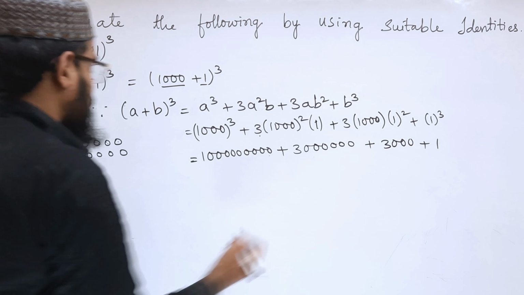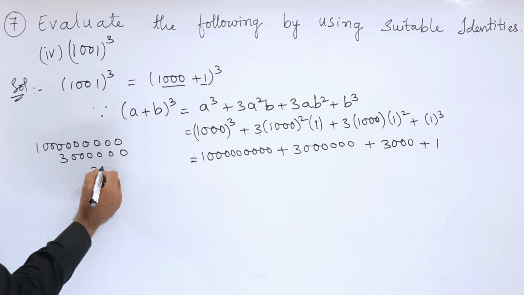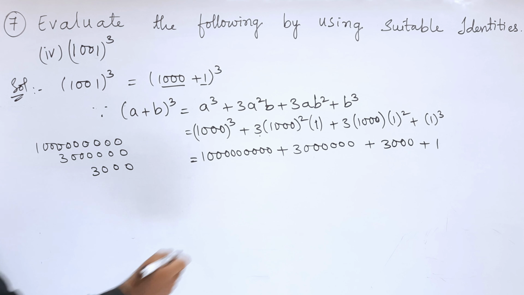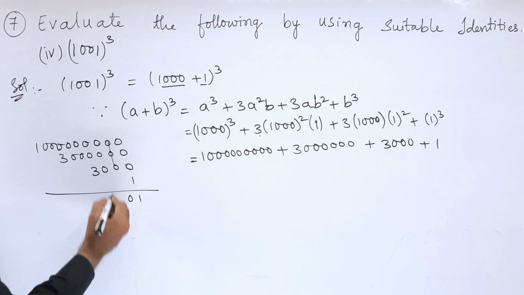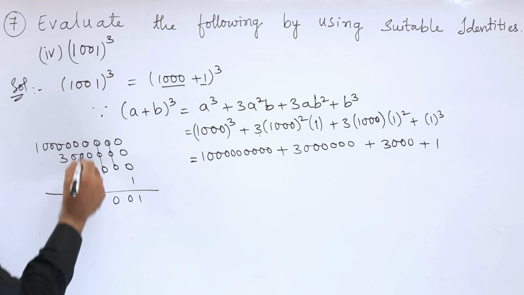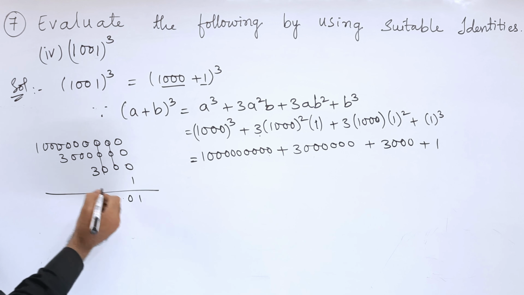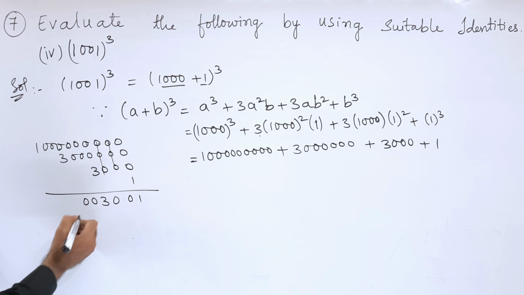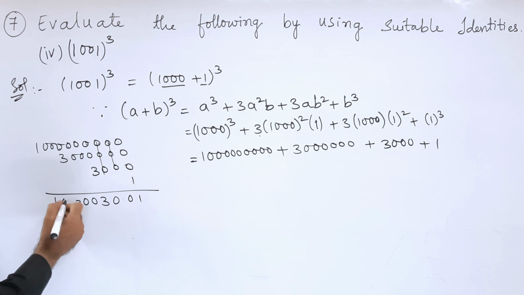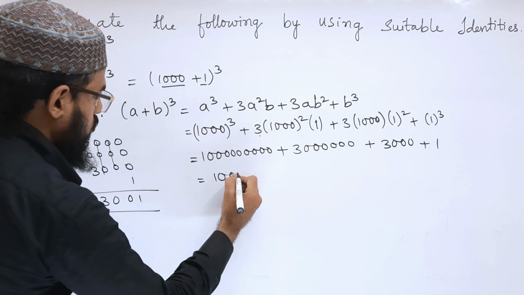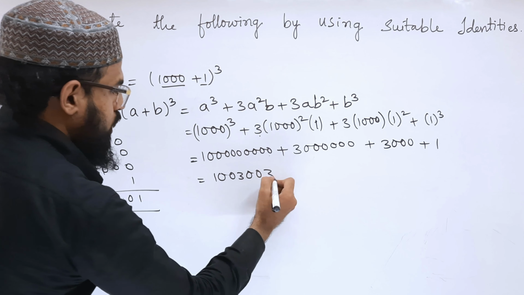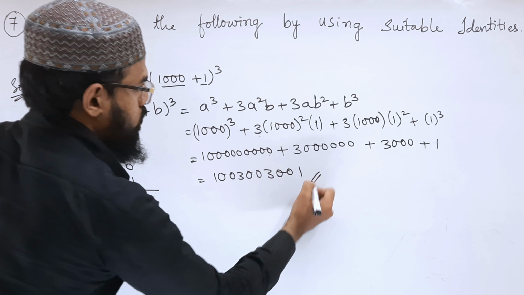Next, 3000 plus 1. 1, 0, 0, 0 plus 0 plus 3 is 3. So we have got 1, 0, 0, 3, 0, 0, 3, 0, 0, 1.